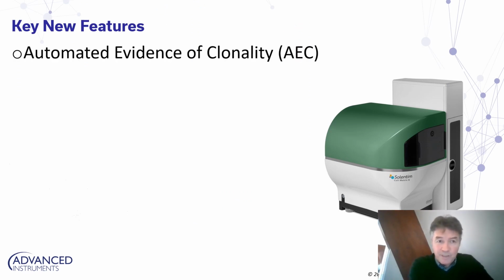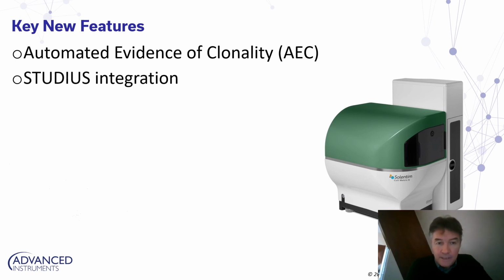So in terms of the new features of the Cellmetric X, we've already heard about the automated evidence of clonality, which allows you to see and assess clonality at day 0. The Cellmetric X is now integrated into the Studious data management and analysis environment, and this gives us the complete ecosystem of VIPS Pro for cell seeding, Cellmetric X for clonal imaging and confluence analysis, and the Icon productivity analyzer.